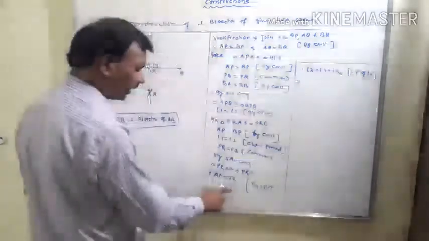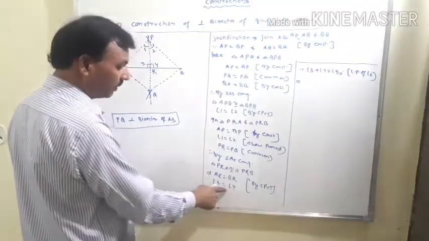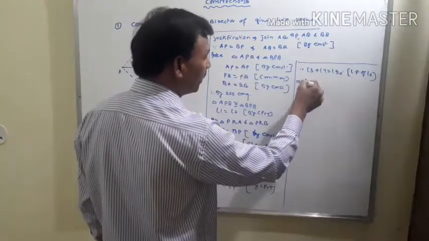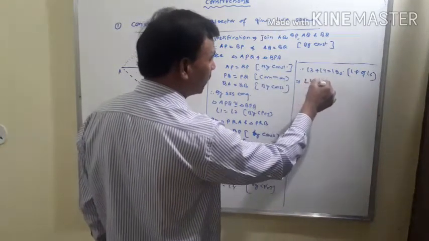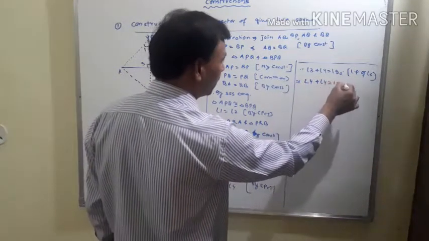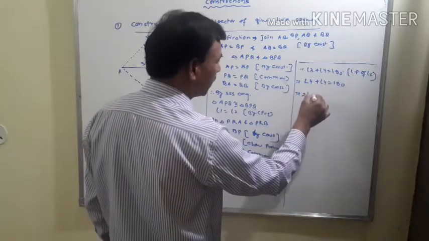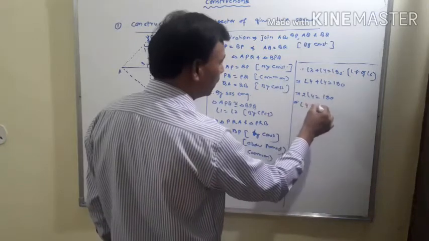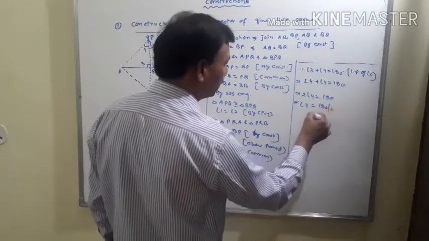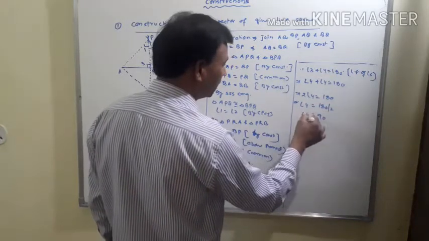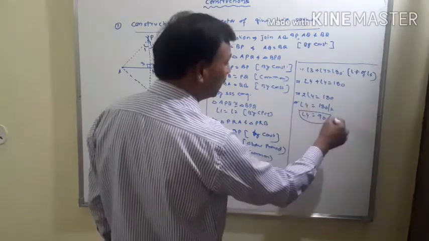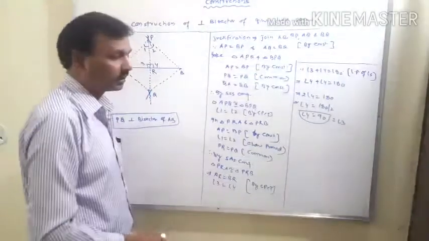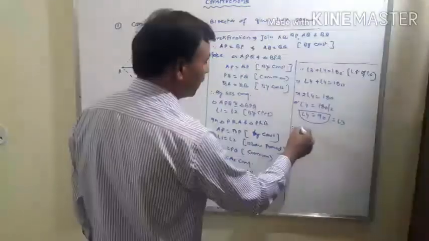Since angle 3 and angle 4 are both equal, as we have already proved, in place of angle 3 we can write angle 4 plus angle 4 equals 180. Therefore 2 angle 4 equals 180, or angle 4 equals 180 upon 2, equals 90 degrees. That means angle 4 equals 90 degrees, which will also equal angle 3, because angle 4 equals angle 3.